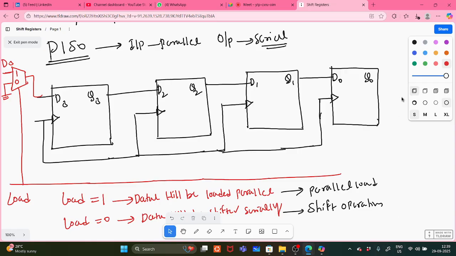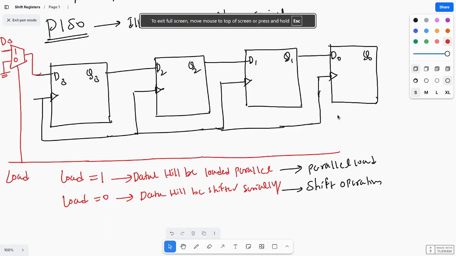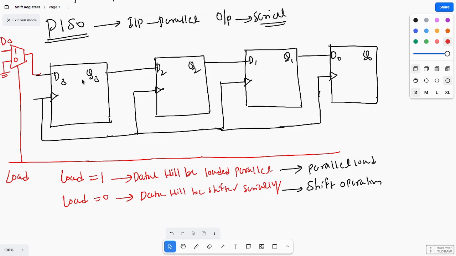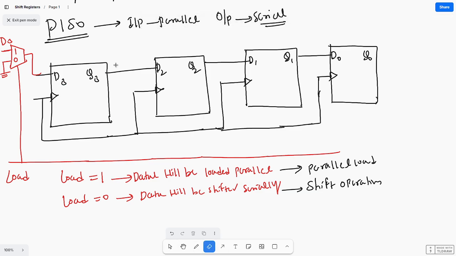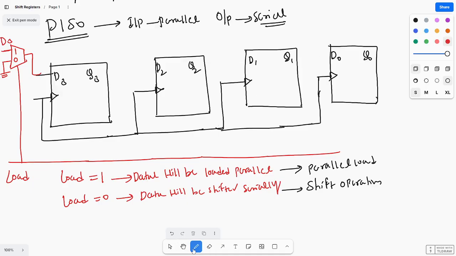See here, this one I am connecting with a 2 cross 1 mux. When I connect the 2 cross 1 mux, this is connected to 1 and 0. This load signal is connected as the selection line.